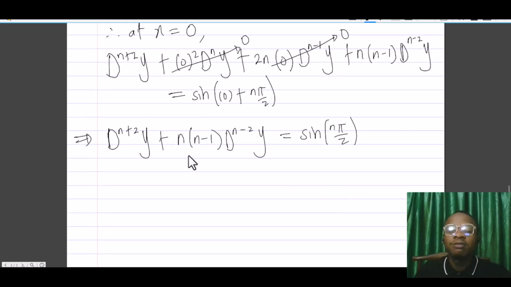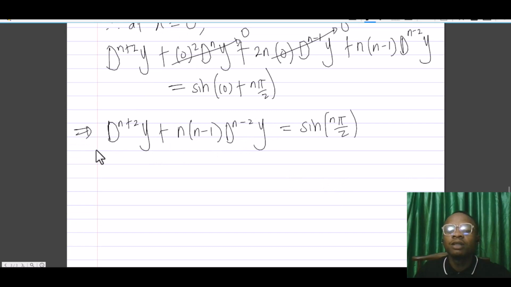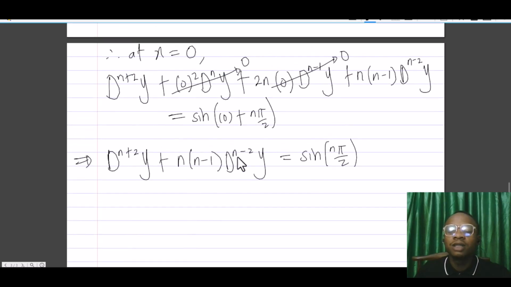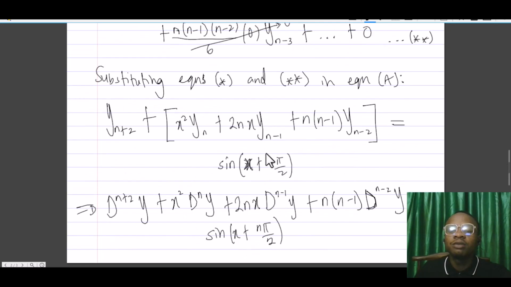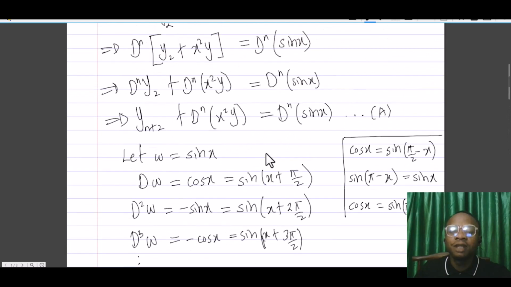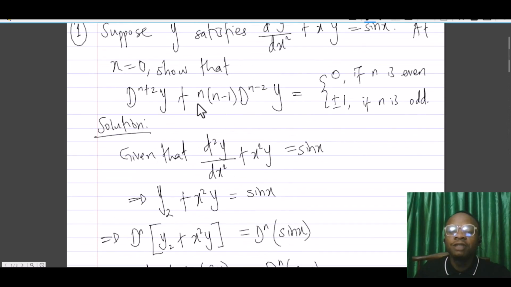So we now have our expression at x equals 0. So this is what is going to happen at x equals 0. Let's see what we have been given. We see that in the given question we have exactly this. This left hand side is already sorted. It is exactly what we just obtained now. So the only part that we have to now deal with is the right hand side.